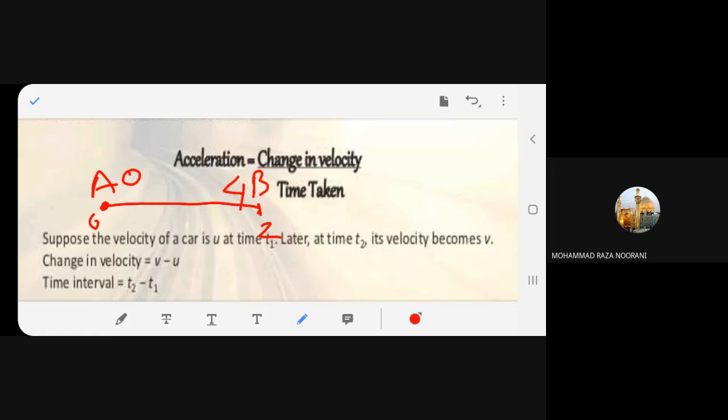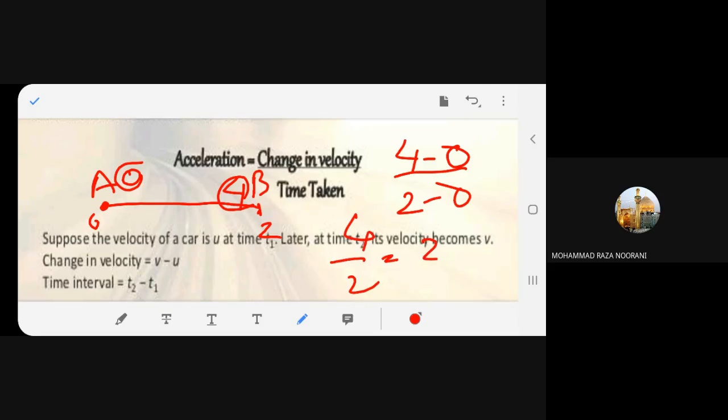Now, change in velocity will be 4 minus 0. Yes or no? 4 minus 0 divided by time taken, say 2 seconds. So it is 2 minus 0. Agree? Answer will be 4 upon 2 is equal to 2 meter per second square. This is the unit of acceleration, meter per second square. Because this is meter per second and here it is second.